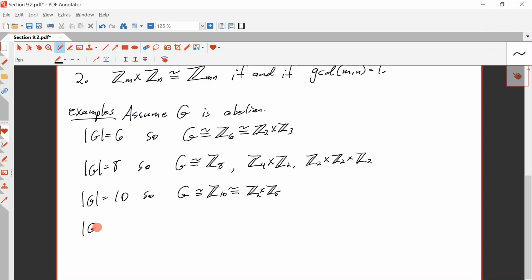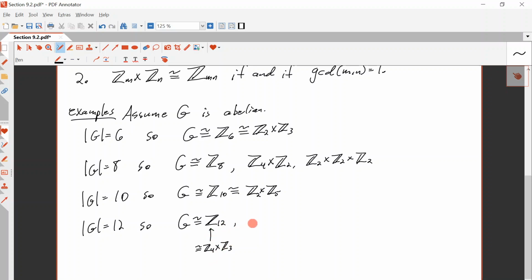What's next? Order 12. Right, so order 12, well, what do you have? We could be cyclic, Z12, right, which is the same as Z4 cross Z3, yes. But that's not the only thing, because for order 4, you don't just have Z4, you've also got, right, Z2 cross Z2.